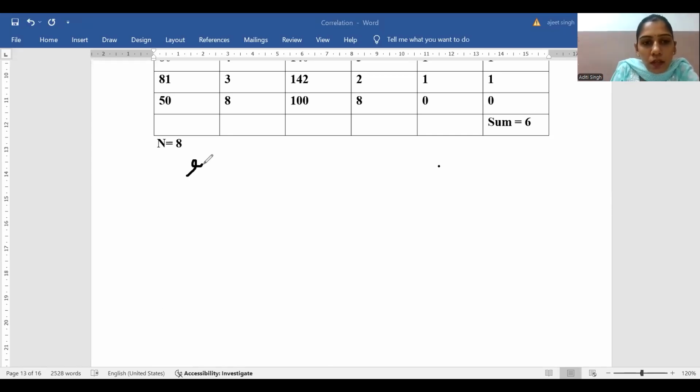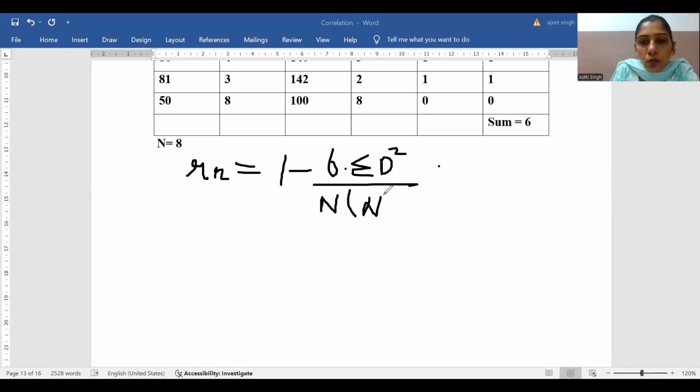Now R is equal to 1 minus 6 into sigma d square divided by n bracket n square minus 1. Okay, let's put all the values in the formula.